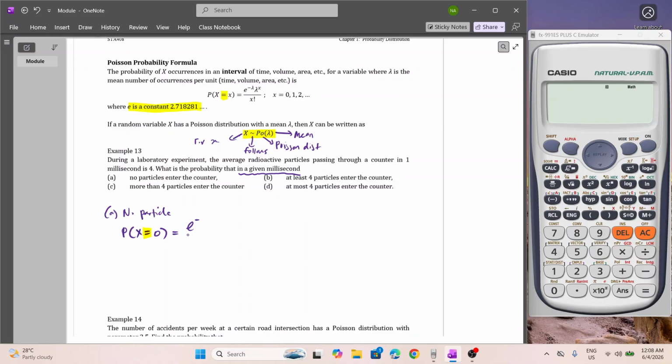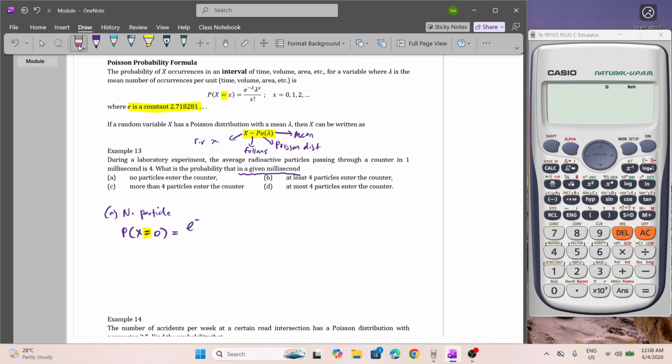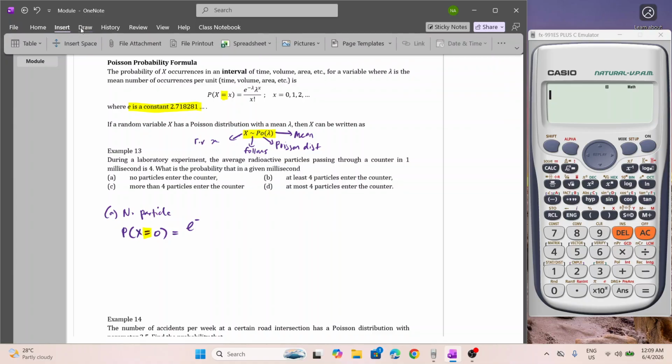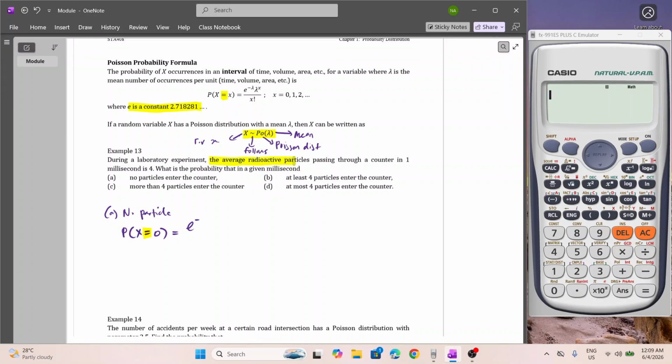And from the question, you need to first identify what is the lambda or what is the mean. Okay, so from the question, the average radioactive particles passing through a counter in 1 millisecond is 4, right?